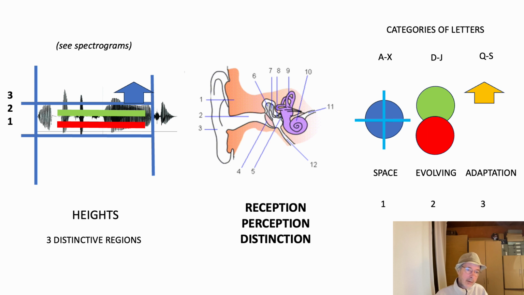When they are enlarged, you have the other letters, and evolving, there's all the letters between D and G. And when you are really changing things and adapting to some changes, you have the last couple of letters that fit to that. And these also fit to these three regions, so we can hear where they are, where they're heading to, and what their functions are. It's unconscious, but I can make it conscious, gradually, also for everybody.